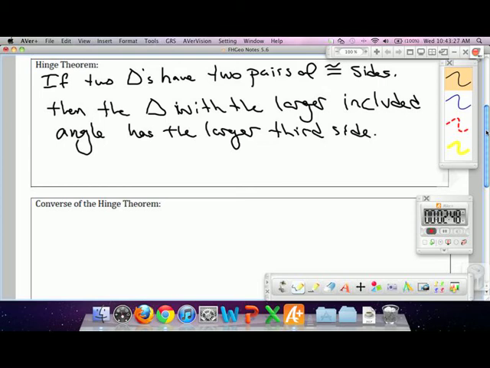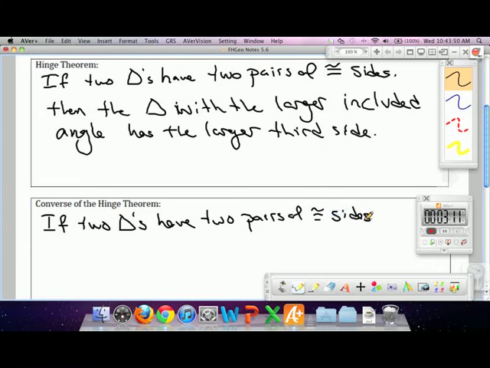So if we have a similar setup, if two triangles have two pairs of congruent sides. So we have the same initial setup, but instead of knowing something about the angle ahead of time, we know something about the third side.